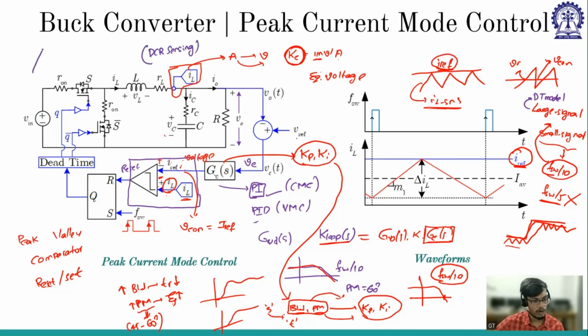For current mode control, we need the entire ripple, so the bandwidth of the IL sensor should be much higher, and it should contain the ripple information. The sensing part we'll be discussing in the upcoming weeks. So we are sensing the inductor current, and we will use it for current mode control.